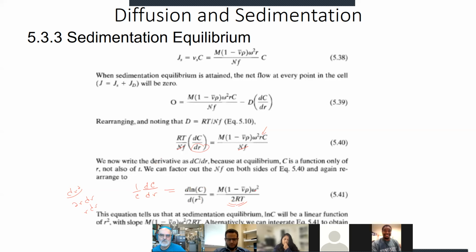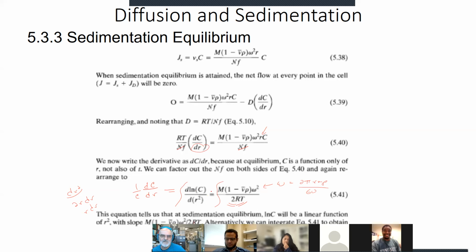m1 minus v bar rho omega squared. Remember, omega is 2 pi rpm over 60, angular velocity, divided by 2RT. Now we're going to integrate that. When you integrate this, we're going to bring the dr over here to this side, and we're going to integrate the d ln c.